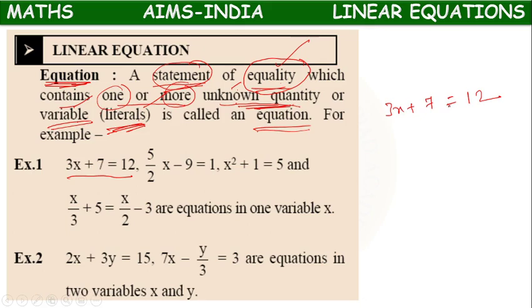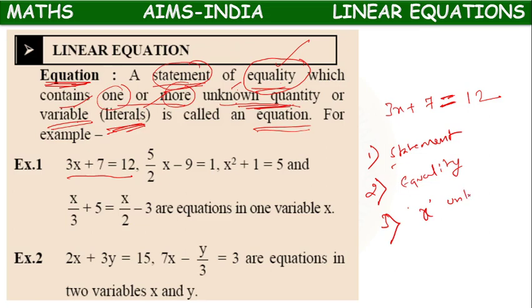Here we have an equality sign. First, it's a mathematical statement. Second, it has an equal sign, so it is an equality. And it has one unknown quantity, which is x, a variable.